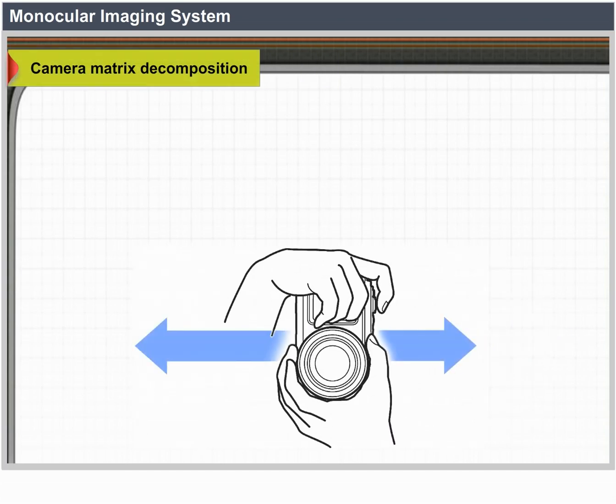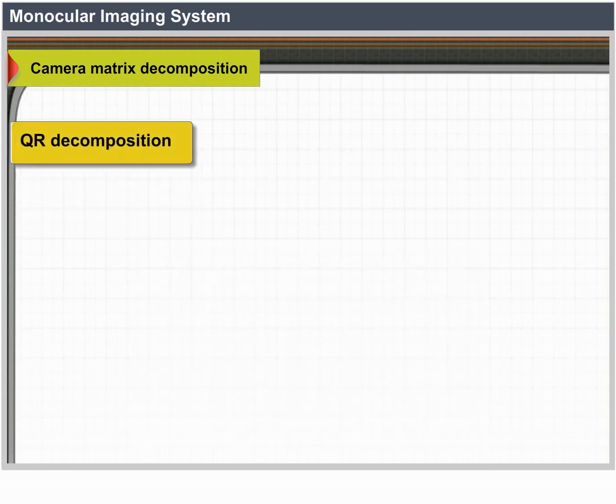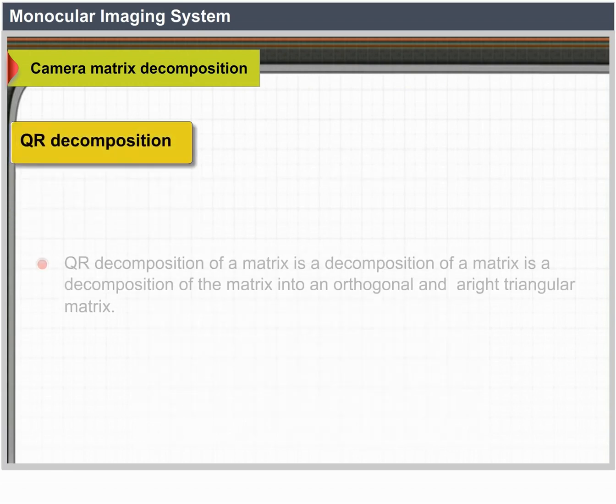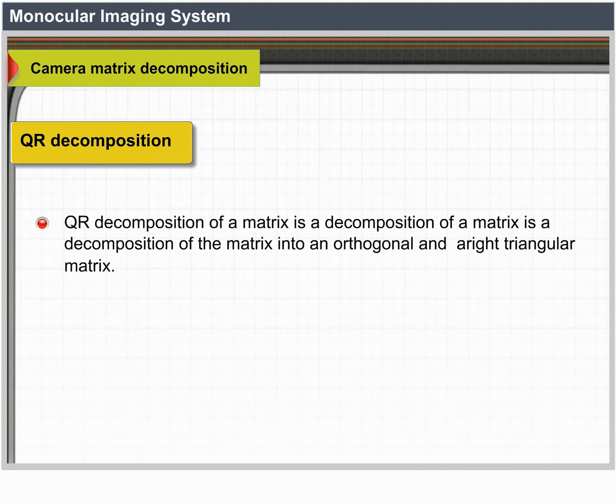Camera matrix decomposition: finding the camera orientation and internal parameters. QR decomposition of a matrix is a decomposition of the matrix into an orthogonal and a right triangular matrix. Please refer to the equation on screen.